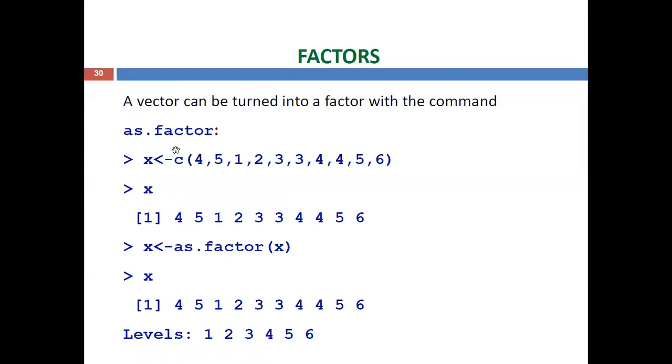Now another usage is as.factor. A vector can be turned into a factor by using as.factor. For example, let us take x equal to a vector c of 4, 5, 1, 2, 3, 3, 4, 4, 5, 6, and so on.